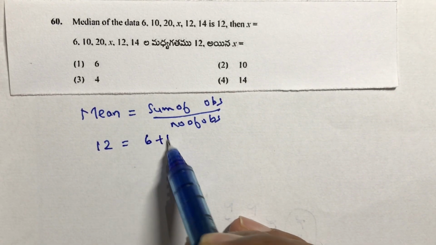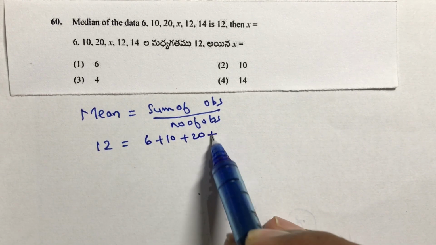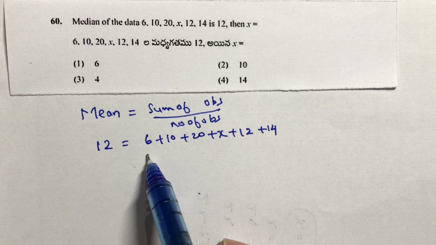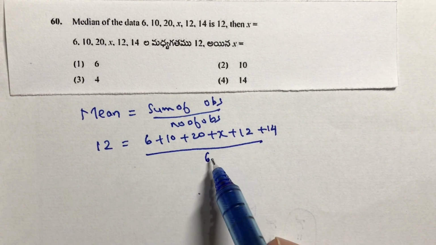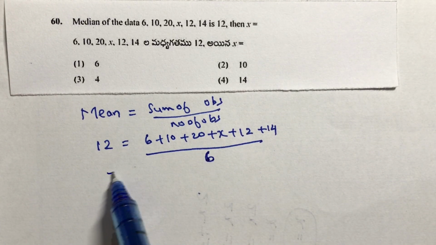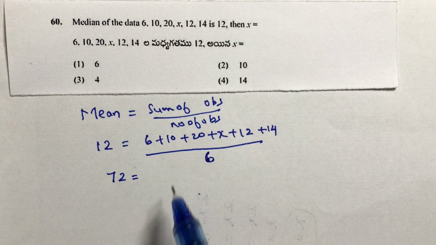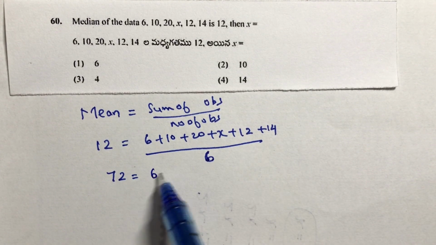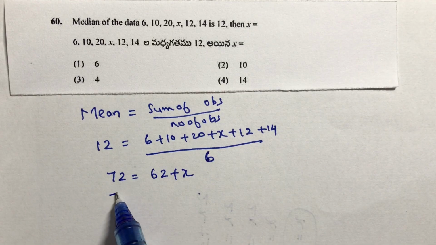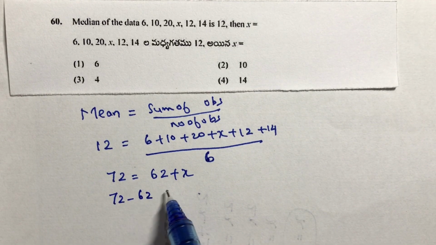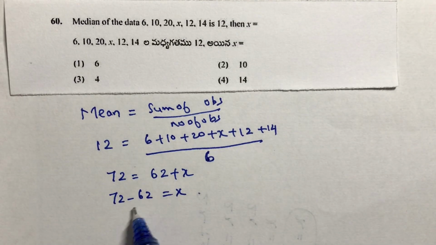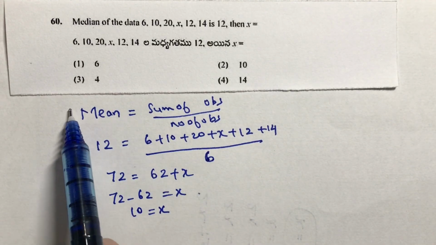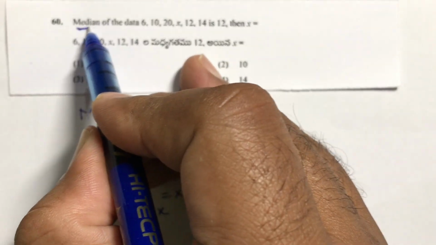So 6 plus 10 plus 20 plus x plus 12 plus 14 by 6. 12 times 6 is 72. 16, 36, 50, 62. 62 plus x. So 72 minus 62 equals x. So the value of x is 10. Here we need to calculate mean, not median.